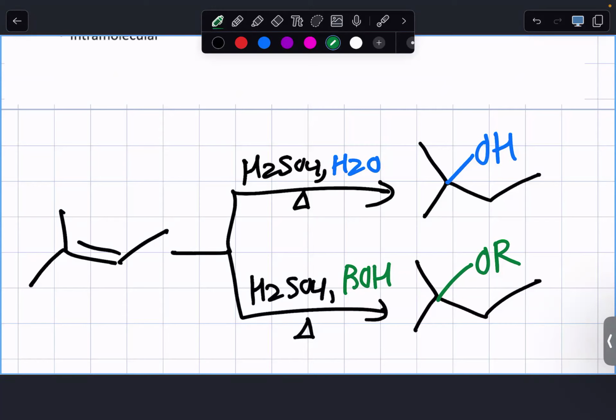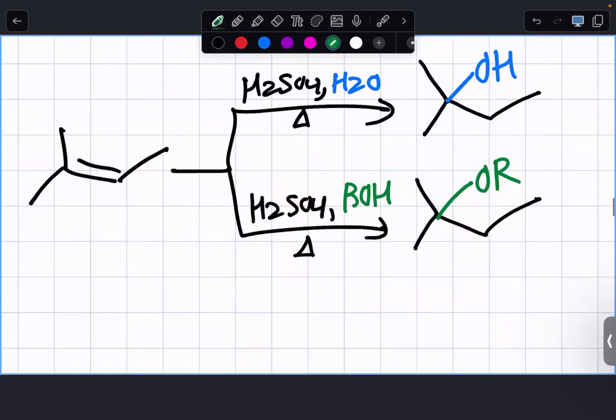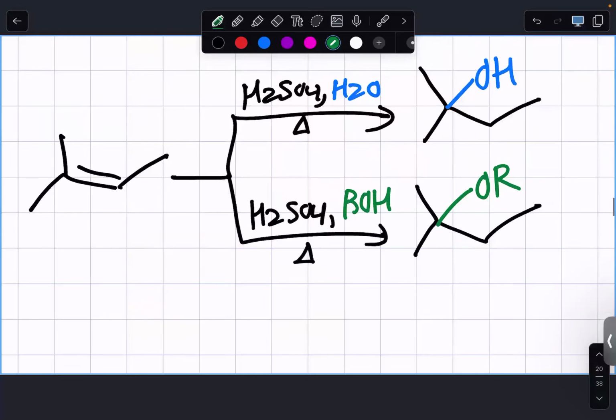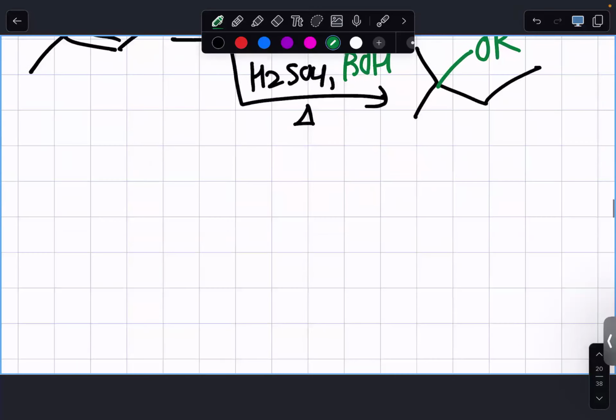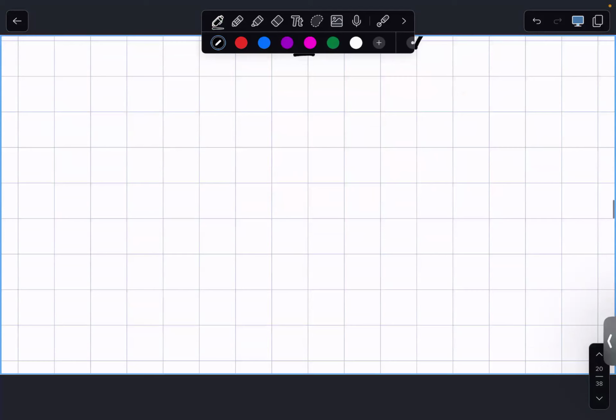Any other questions on this one? Okay, so that was intermolecular. We could do an intramolecular reaction. Like let's say we have this, that.